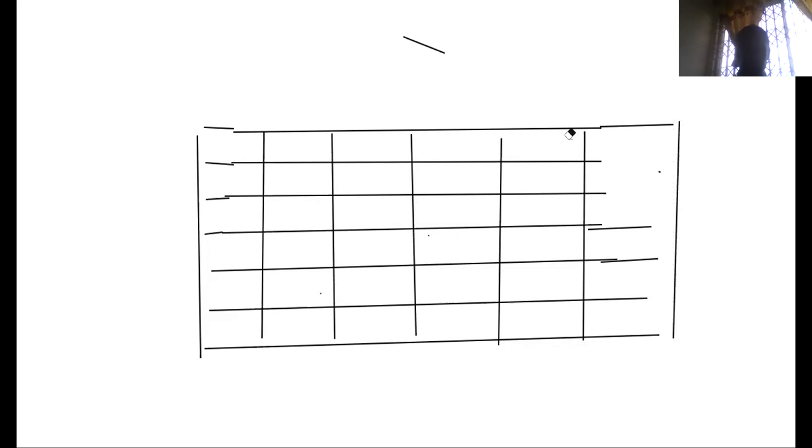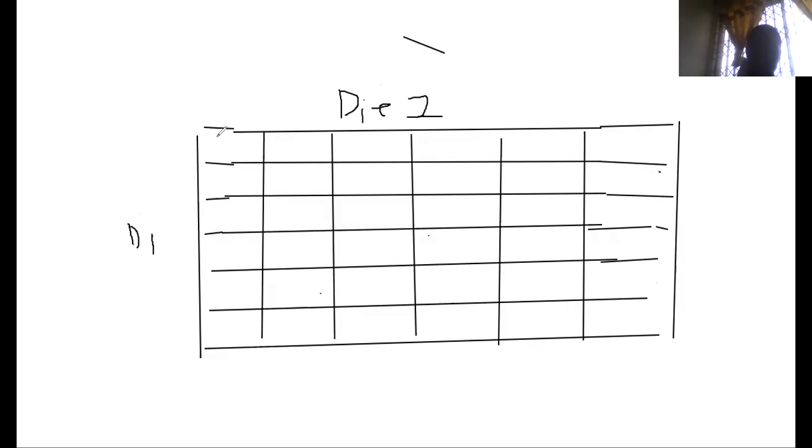So if this is die 2, and this is die 1, D1 is die 1.